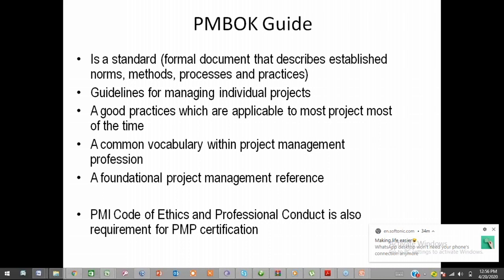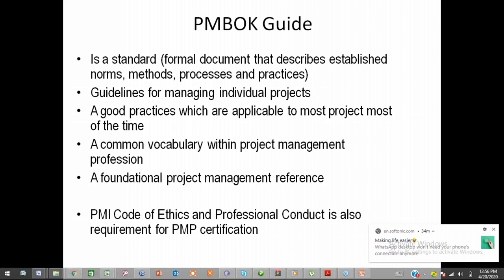It gives you a common vocabulary within the project management profession. Every profession has its terms and terminology. So the PMBOK Guide gives you the professional terminologies that should be used in project management. As a project manager, you must talk like a project manager.